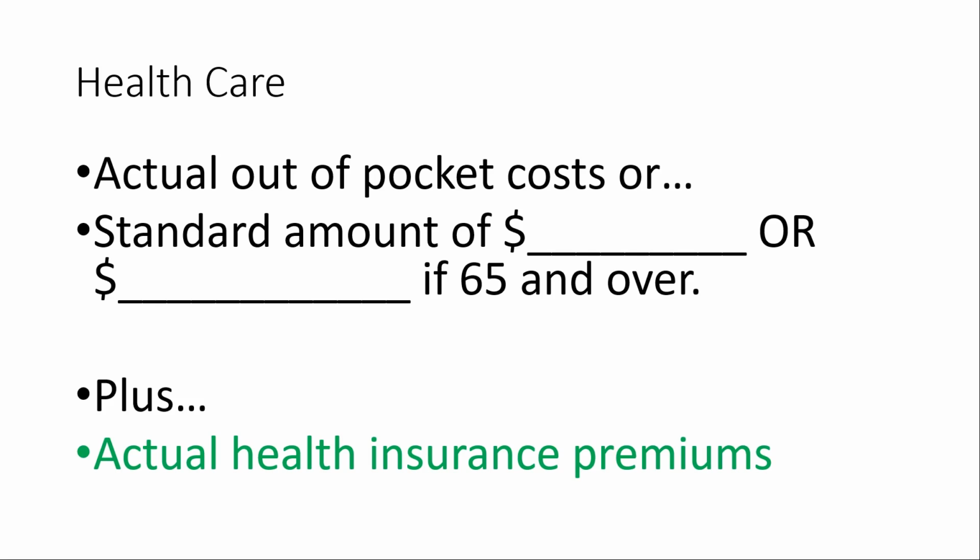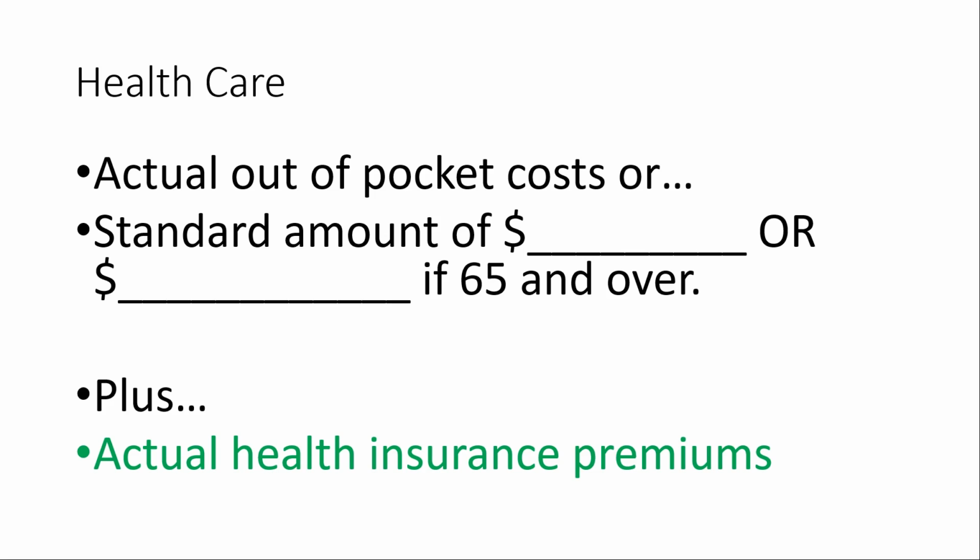So that's first of all, your actual health insurance premiums. The other side of this is the out-of-pocket healthcare cost. So what the IRS says is, okay, everybody has different healthcare needs, right? And so people are going to have different circumstances in their lives.